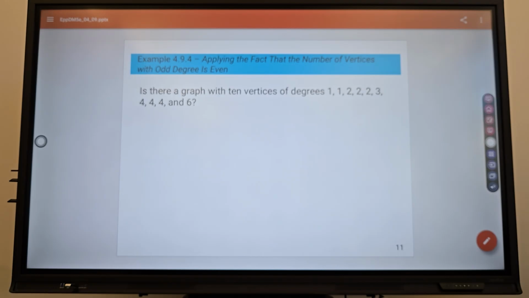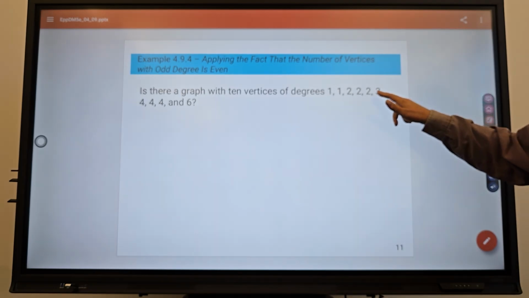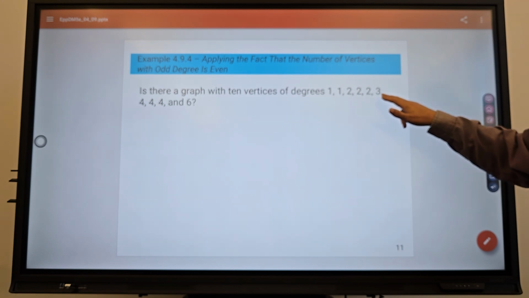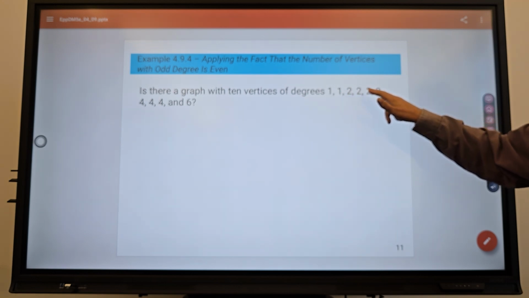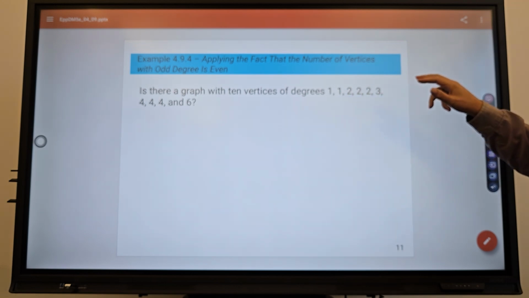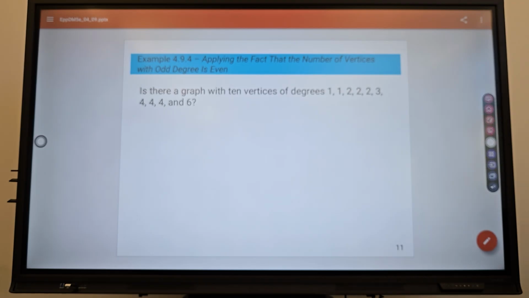No, it's odd. And you have an odd number of odd degrees: 1, 1, and 3. It'd have to be an even number of odd degrees to be an even number.